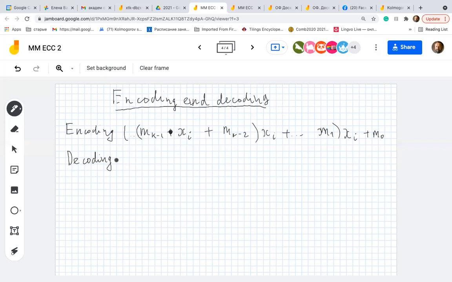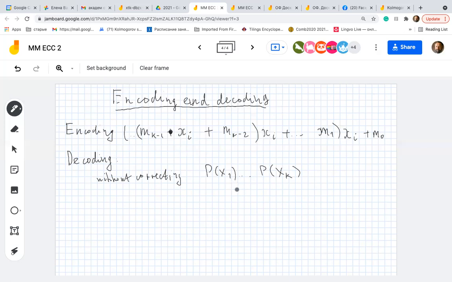So decoding without correcting means that we have the value of our polynomial in some n points, and actually to find the polynomial we need only its value in k different points, where k minus 1 is its degree.